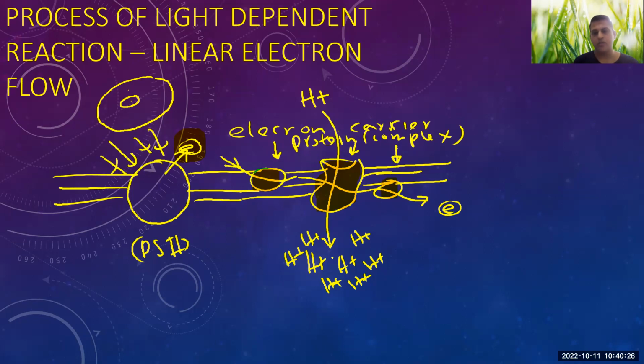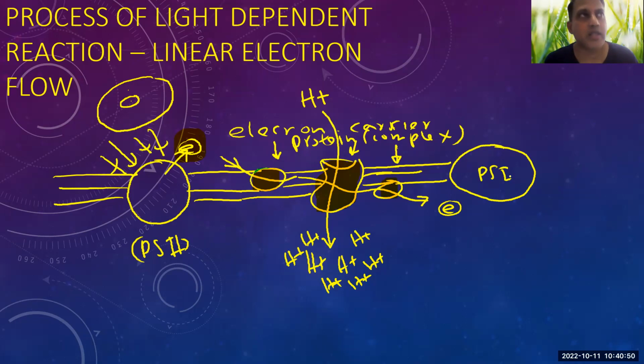Now, what's going to happen to photosystem 1? So, photosystem 1 is here. Before we come to photosystem 1, we have another small issue. Can you remember when I told you about reactive oxygen molecules? If a molecule loses electrons, it is not stable.